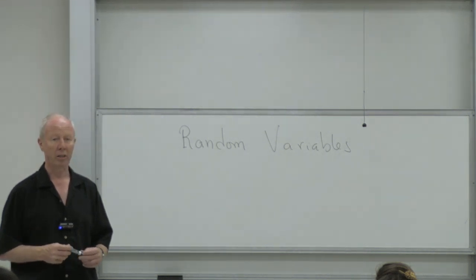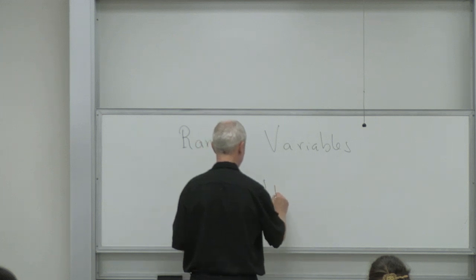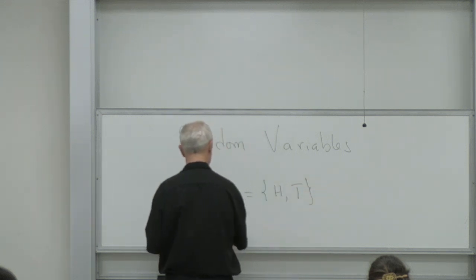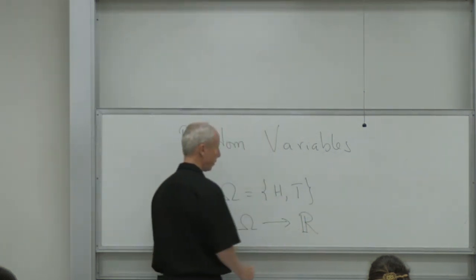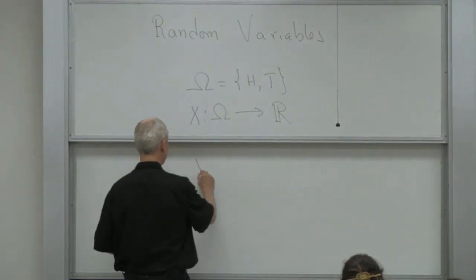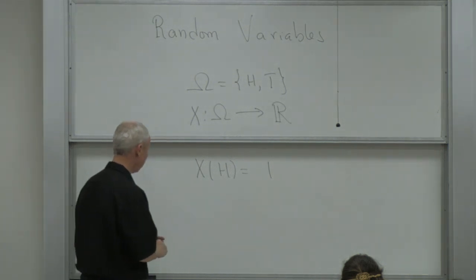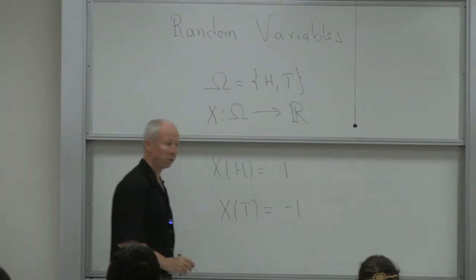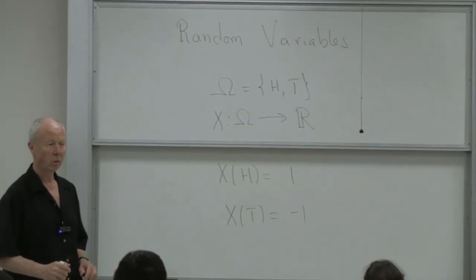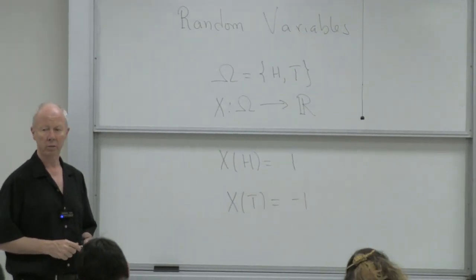And if you win $1 every time a head comes up and lose $1 every time a tail comes up, you might think of looking at this sample space and defining a function from the sample space into the real line such that the value of having a heads is 1, and the value of this function on tails is -1. So this would represent just a simple one-time trial gambling event where you win $1 if the coin comes up heads and lose $1 if it comes up tails.